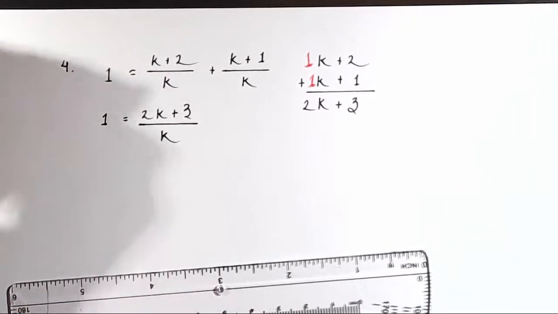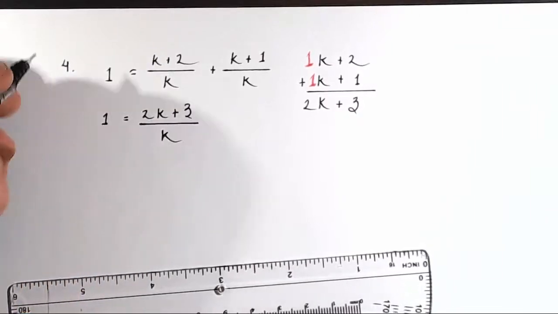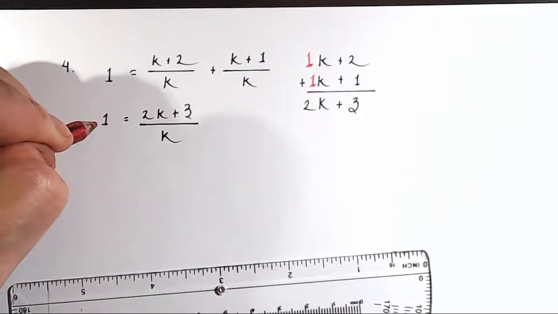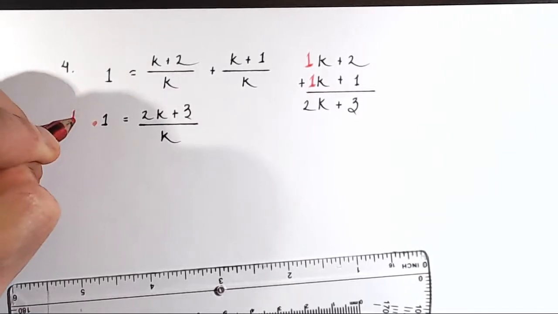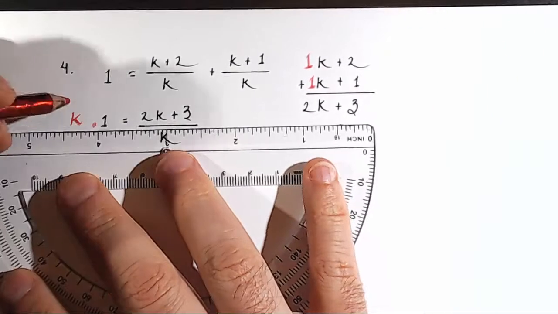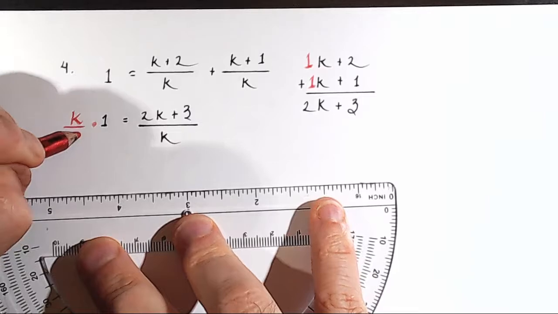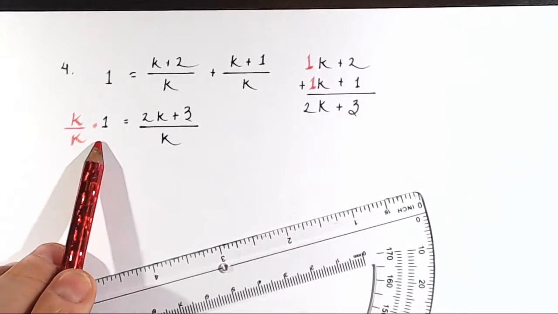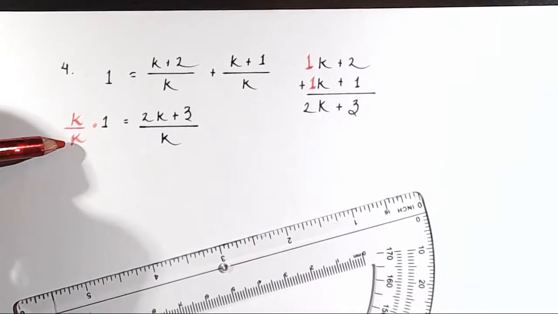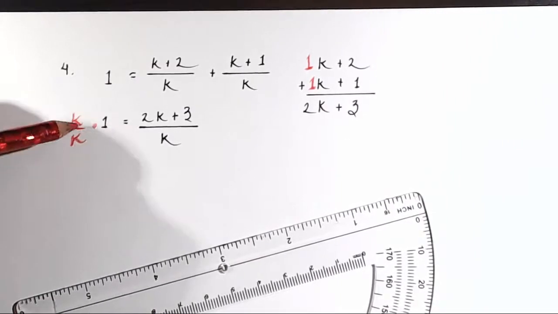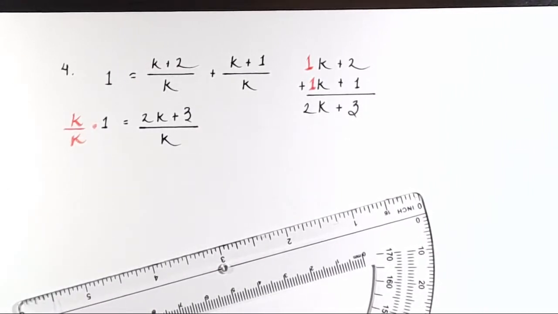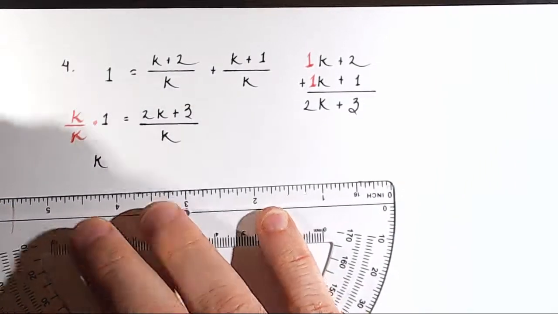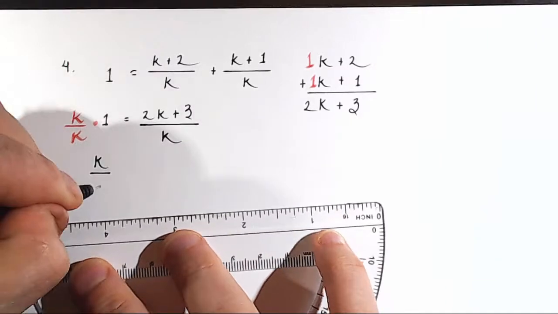Because I did the other way in problem 3, I'll show this method here. Basically, what you want to do is multiply 1 times k over k. That's because in order to get k in the denominator, which is where I want it, I have to multiply by 1. So k over k is just 1. And here's how that looks. So k times 1 is k over k. And now I have a common denominator.